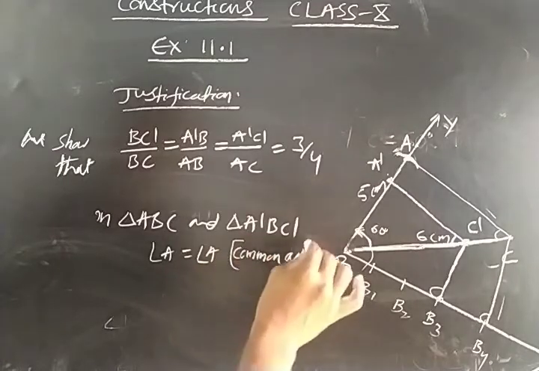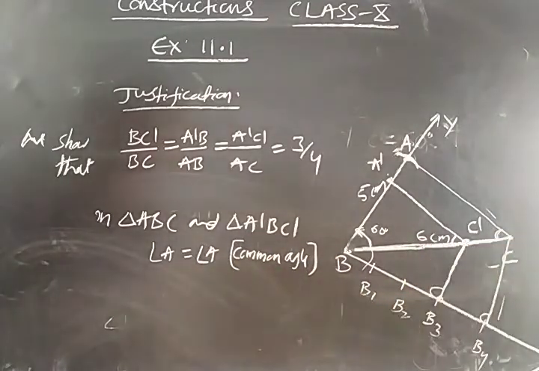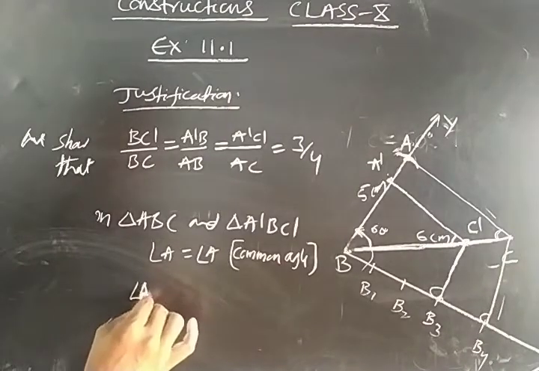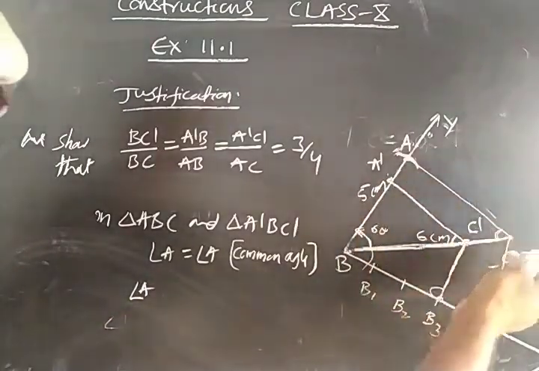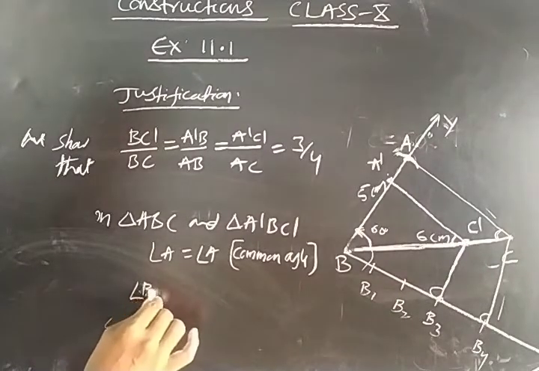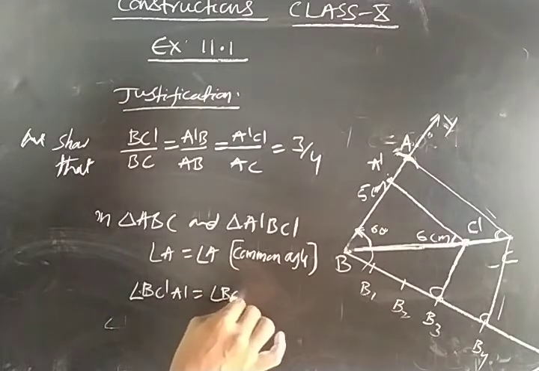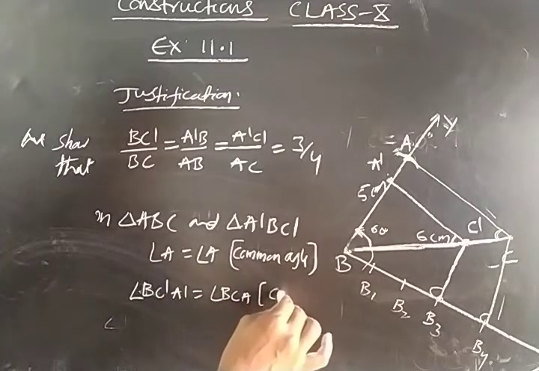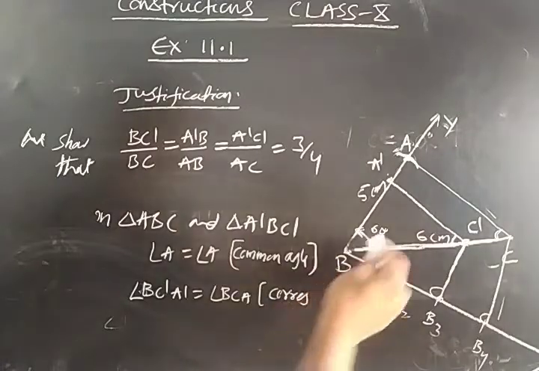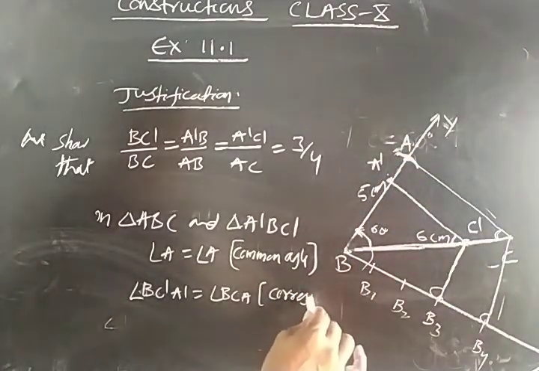Angle C dash and angle C are equal by construction, and A dash C dash is parallel to AC, so they are corresponding angles. So we can write angle BC dash A dash is equal to angle BCA. Why? Because they are corresponding angles, as A dash C dash is parallel to AC.